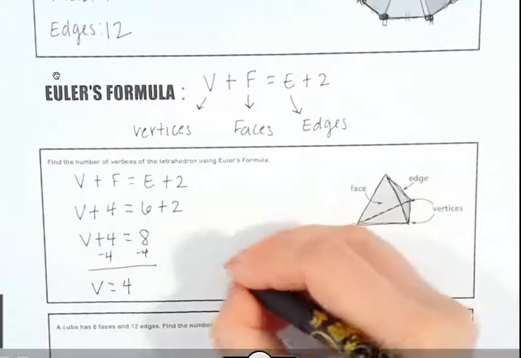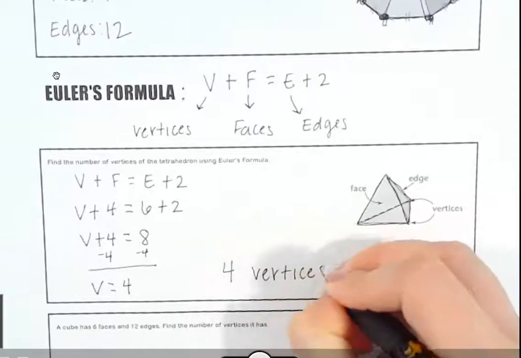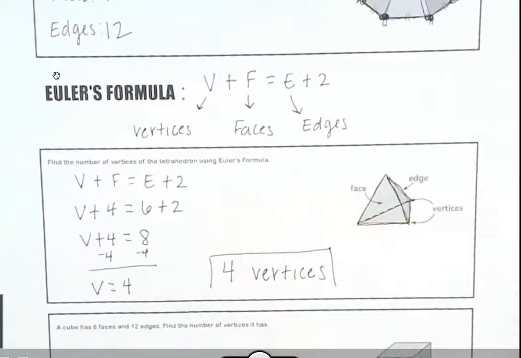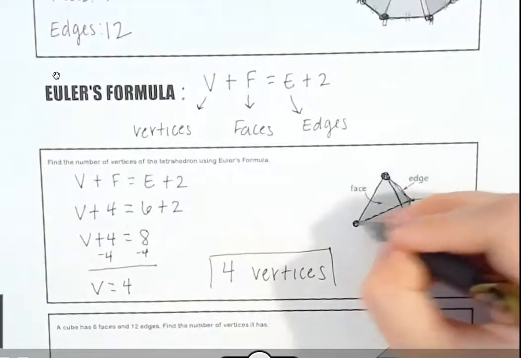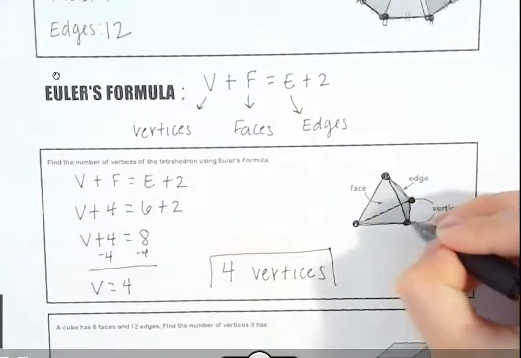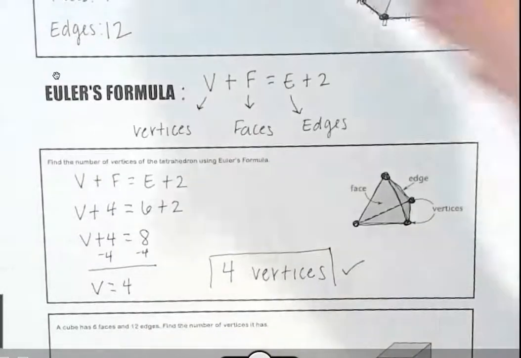So 4 vertices. And now let's just check, because I have a picture so I can just count and see if we did it right. I have 1 here, 2, 3, 4. So we are golden. We did it right. Good job, team. Okay, let's try another one.